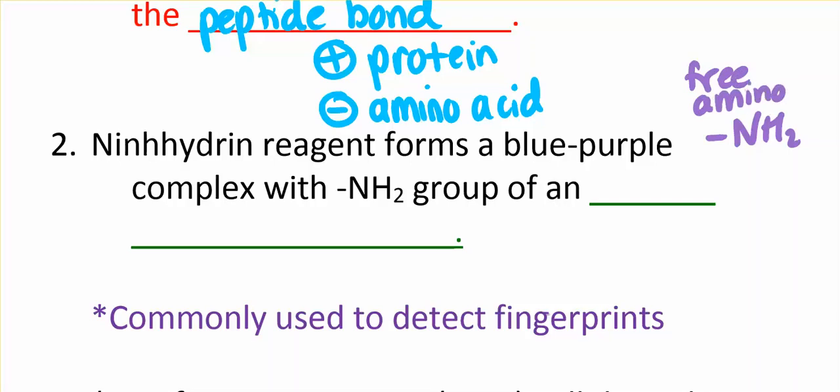And so the compounds that always have that, except for one, we won't get into that one, are the amino acids. An amino acid has an amino group and will form that complex to give you that blue-purple, similar color.